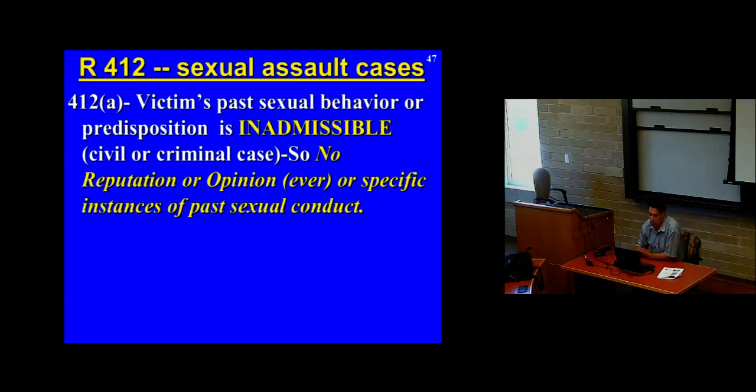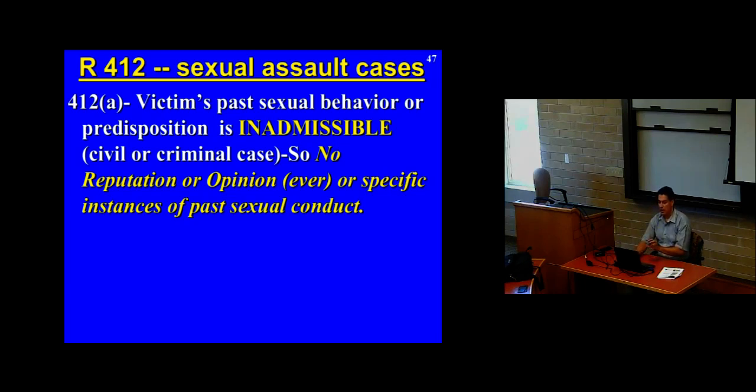So in any criminal or civil sexual assault case, if it's qualified that way, then the usual ability for the defendant to attack the character of the victim is no longer possible. The defendant does not get to open the door on them.